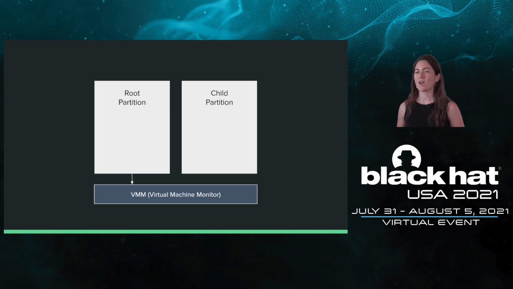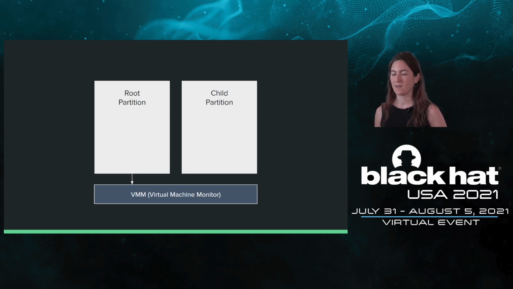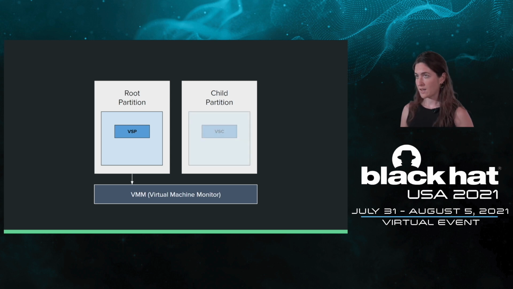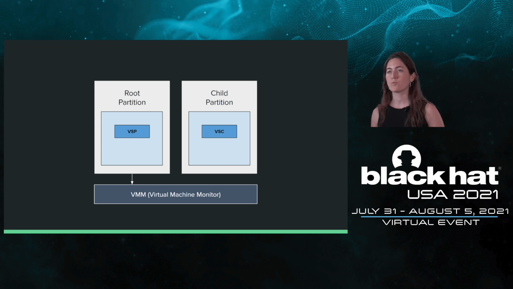Now, to provide the child partitions with hardware services, Hyper-V implements para-virtualized devices that consist of a pair for each hardware device. The VSP is the virtualized service provider, which runs on the root partition, and the consumer, or the VSC, runs in the child partition.